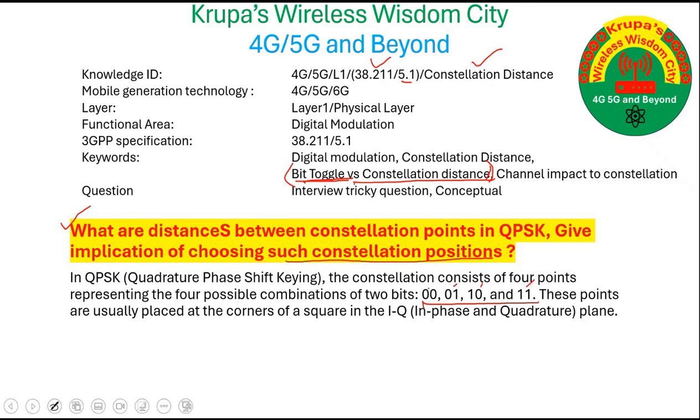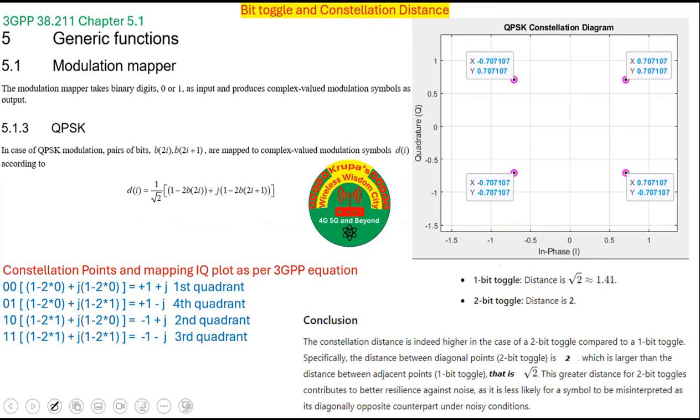Okay, so let's get into more detail. This is your 3GPP 38.211 chapter 5.1. If you refer, they have told what the constellation points would be if you are taking 2 bits as input. If you look at b of 2i and b of 2i plus 1, and your i starts from 0. So let's take 2 bits here.